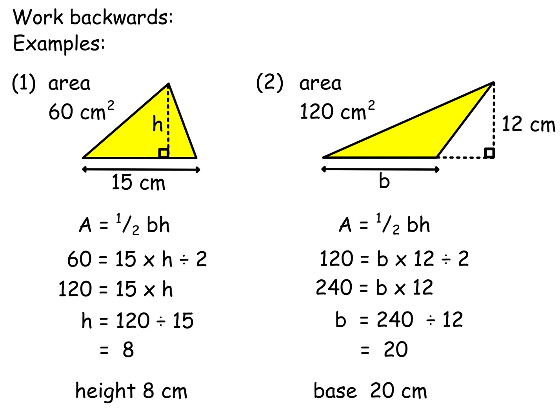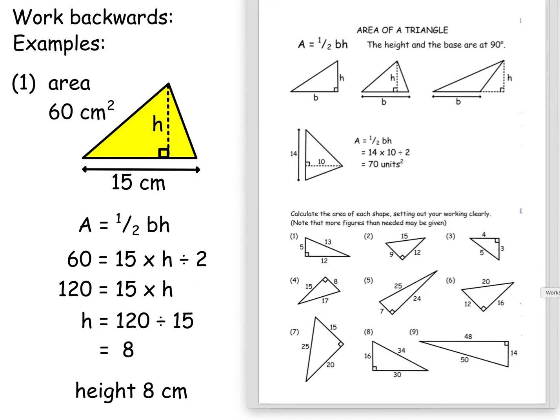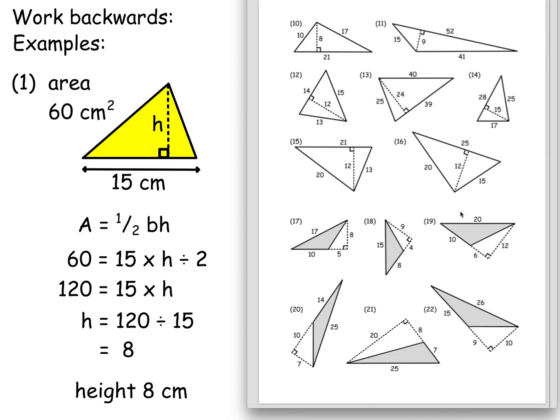Now, there'll be 2 worksheets if you use the link in the description. In this one you can see 5, 12, 13, so you're given 3 sides, you only need 2, the base and the height. They gradually get a wee bit more difficult.